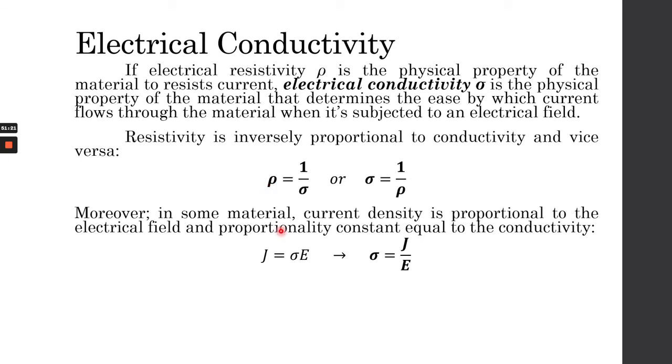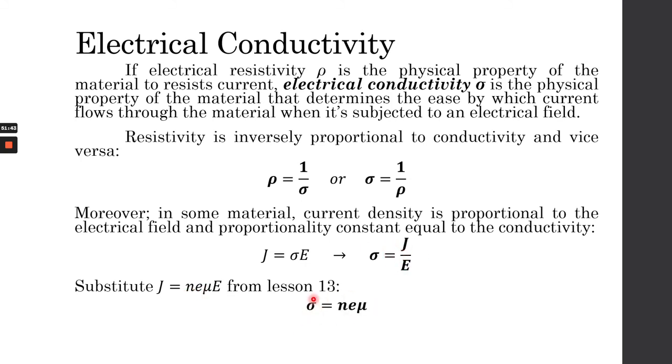So if you go back, you can actually see that. And from lesson 13, we know that the current density equals the number per meter cube times the charge of the electron times the electron mobility times the electrical field. Just substitute the value of J in this equation.